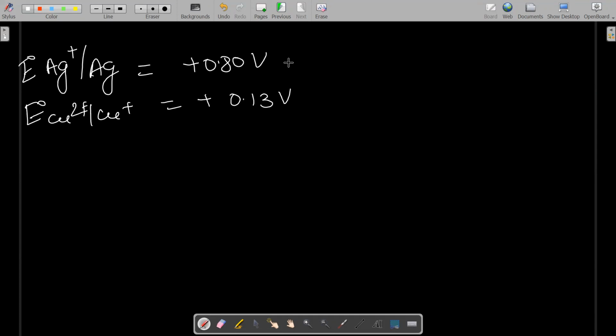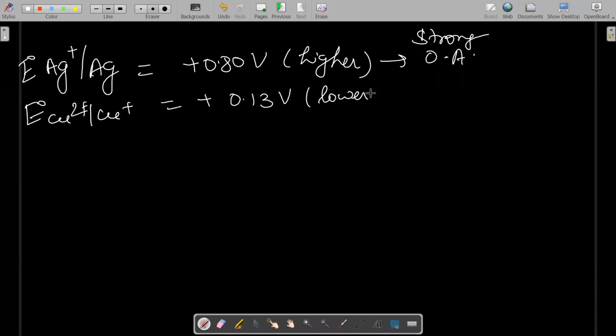So you can see this E naught value is higher, and the higher E naught value acts as a better oxidizing agent. It is strong oxidizing agent. Okay. And the one which has lower E naught value acts as a weak oxidizing agent.